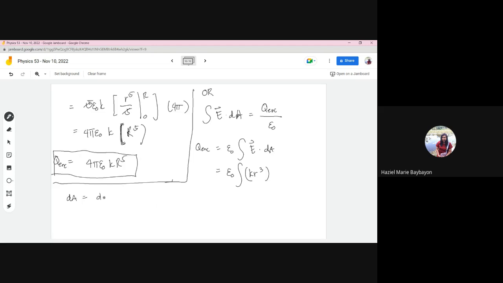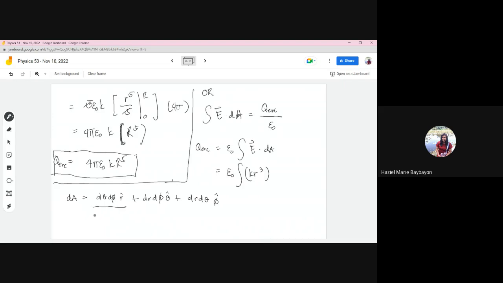dA is d theta d phi r hat plus dr d phi theta hat plus dr d theta phi hat. Okay, so this is the component, class. What is this?